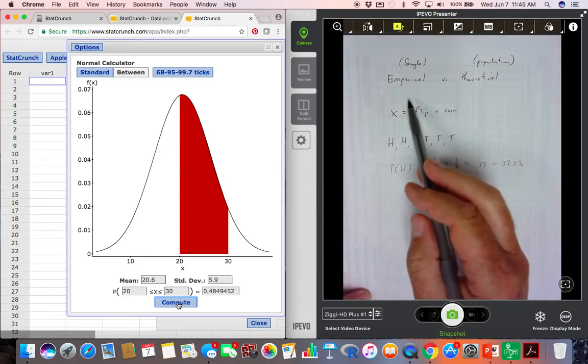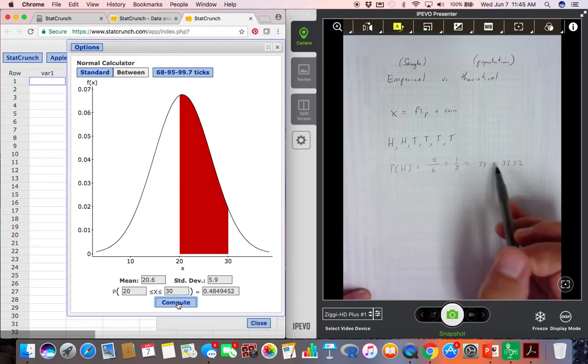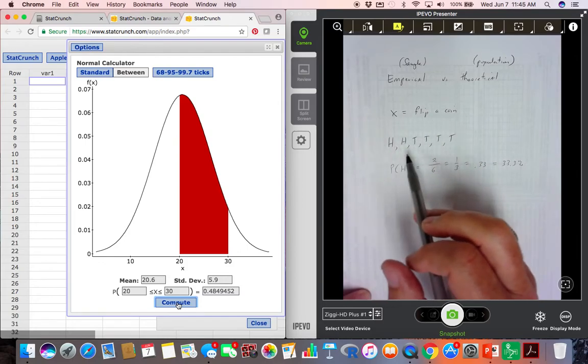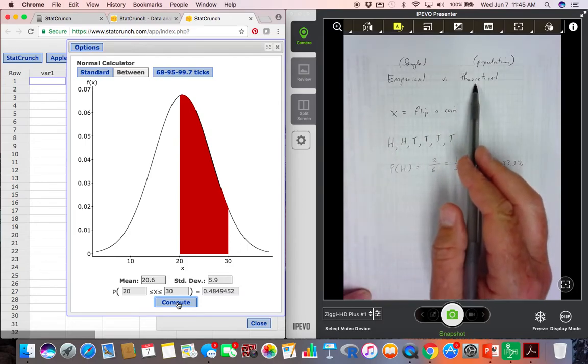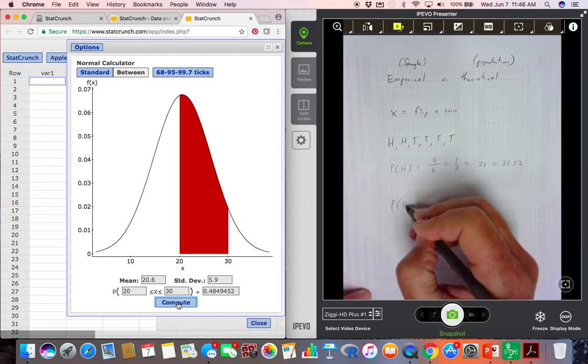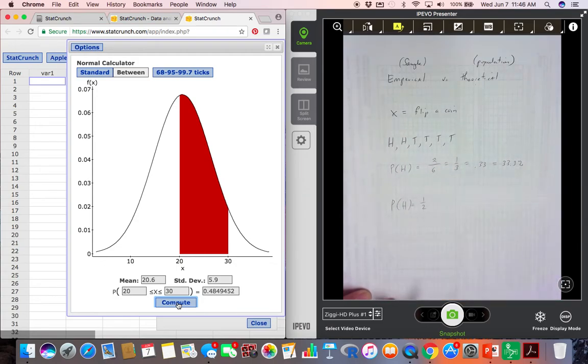Empirically, though, we talk about a probability based on a particular sample space. Theoretically, we know that the probability of getting a head is 1/2.